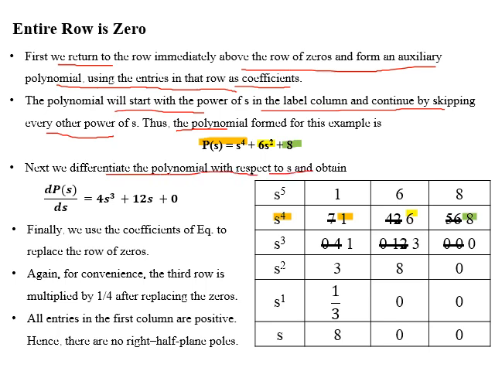Students, now we will differentiate this auxiliary polynomial with respect to s and replace the coefficient of differential polynomial in the row of 0. So new entries corresponding to row labeled s^3 will be 4, 12 and 0.